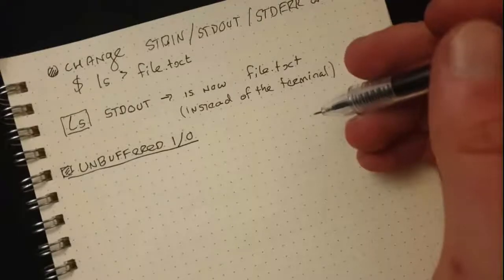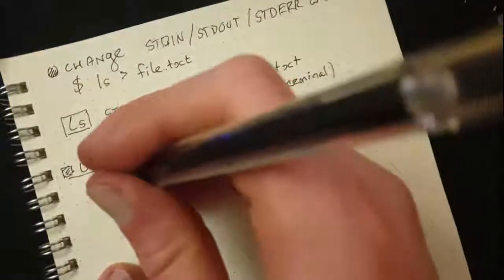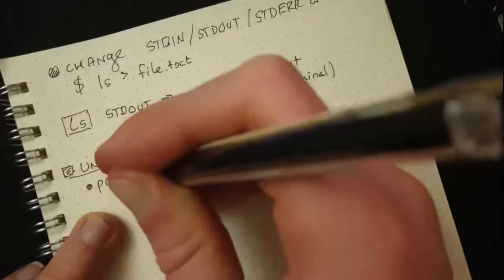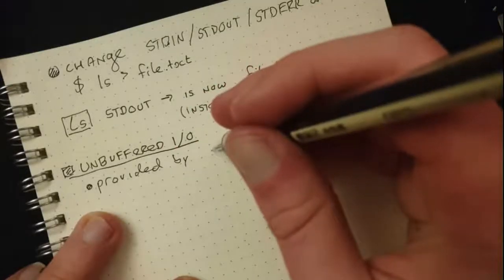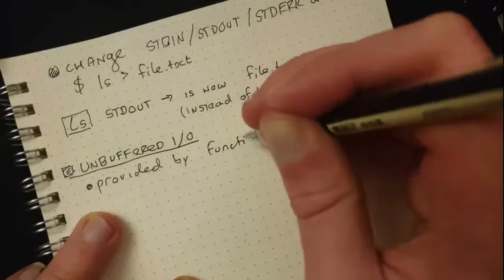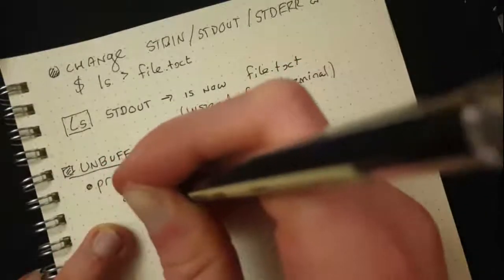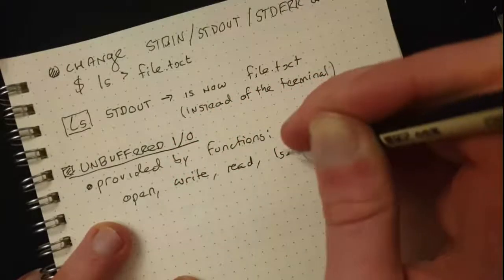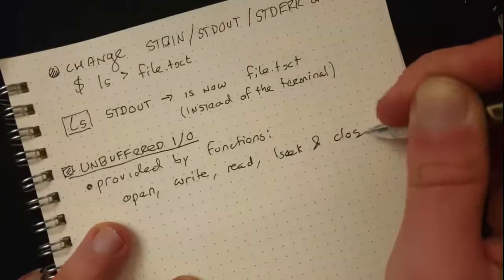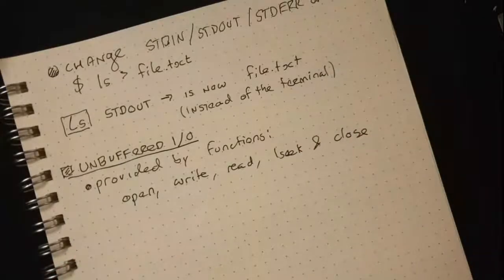Unbuffered I/O is provided by functions open, write, read, lseek, and close. So, for example, we can read from the standard input and write to the standard output.